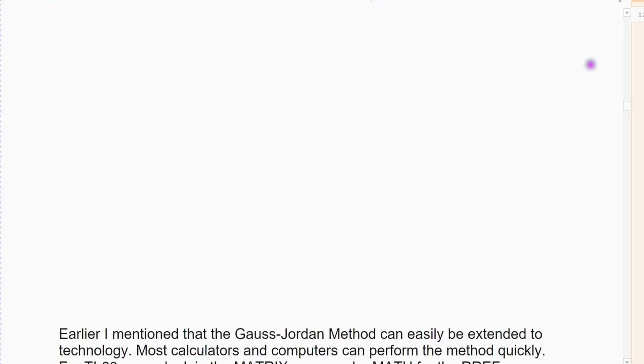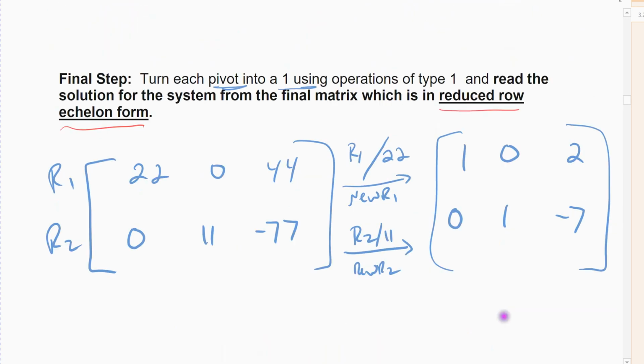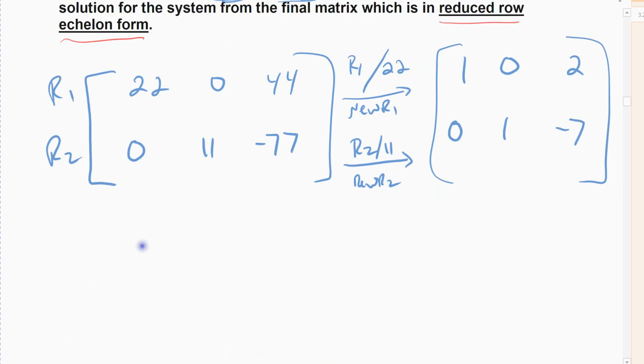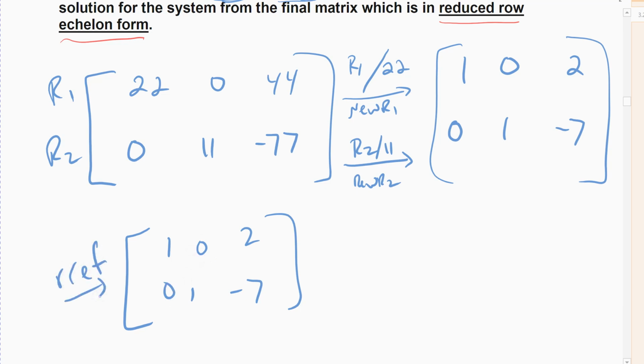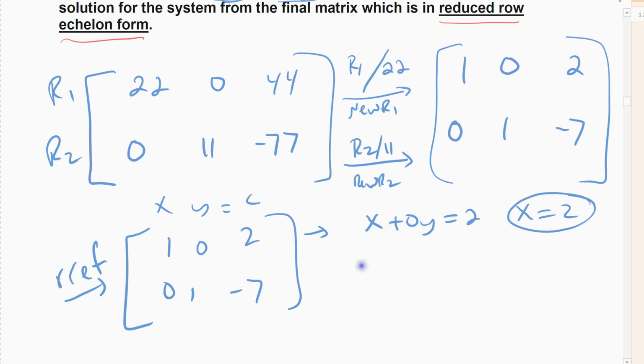So the last thing is just to read the solution from that. Which I'm going to write down here. I'm going to rewrite this just to talk about it a little more. So this is the row reduced echelon form, the RREF. I get down to an x, a y, equals a constant. The first row gives me x plus 0y equals 2, which we write as x equals 2, as there's no y.